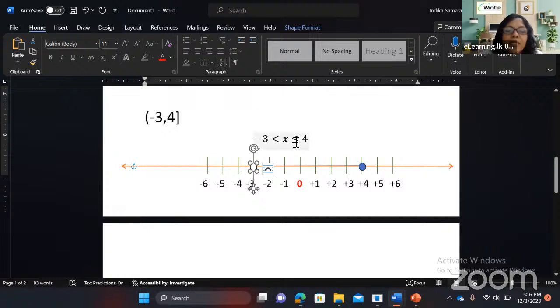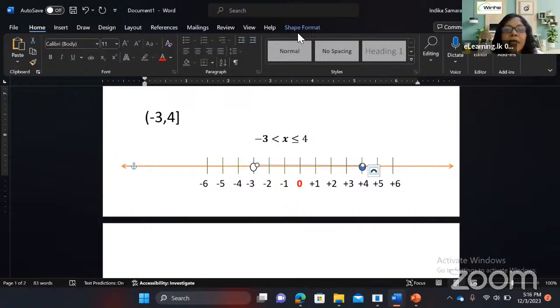Here you can see x is less than or equal to +4. Therefore, we can color the circle at +4. But at -3, x is greater than -3, but not equal. Therefore, the point at -3 should not be colored.